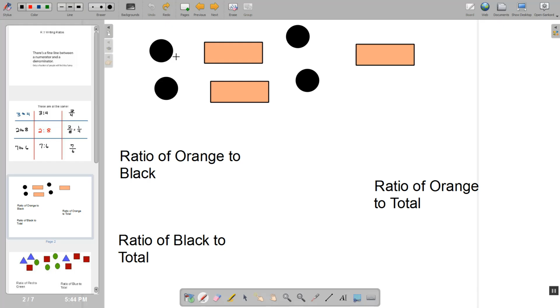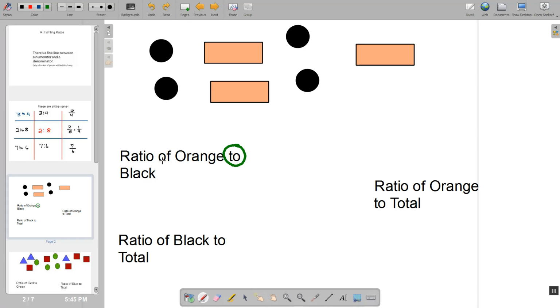In the top here, we've got 4 black circles and 3 light orange rectangles. And when we're doing ratios, there are a ton of options on what we can do with those. So we have to make sure to read very carefully. When you're reading the ratio, I want you to always be keying for the word "to." That's going to tell you what is being compared to what other value.